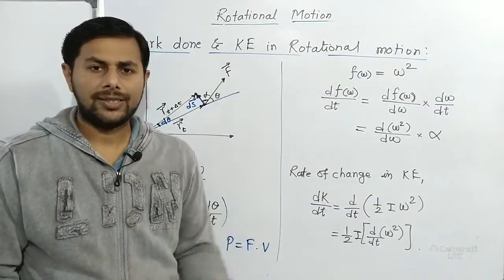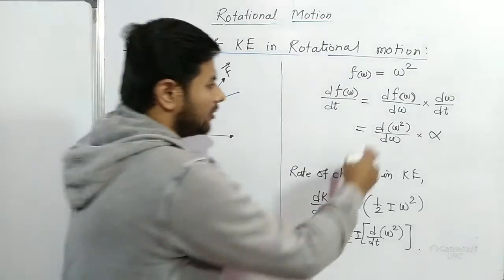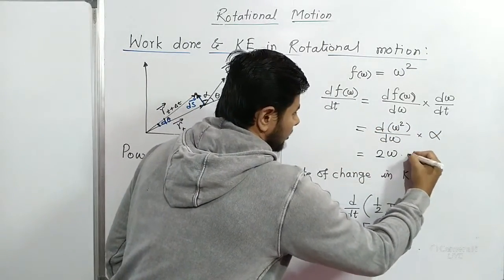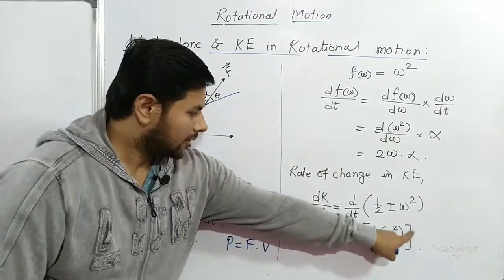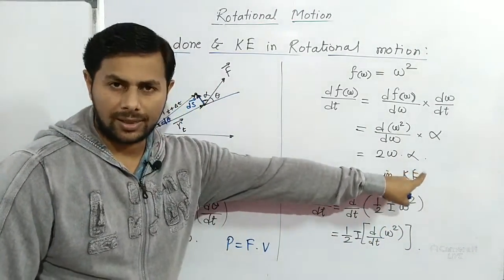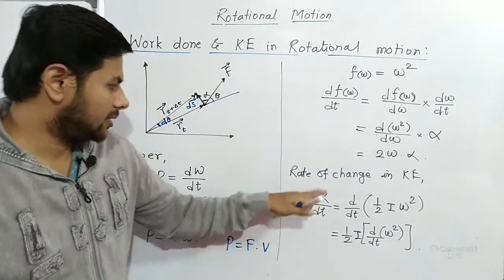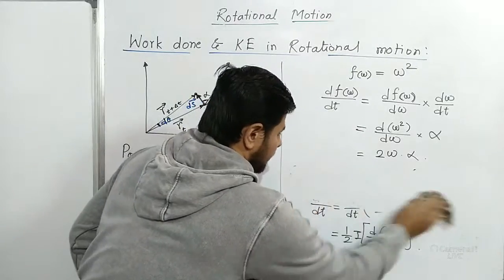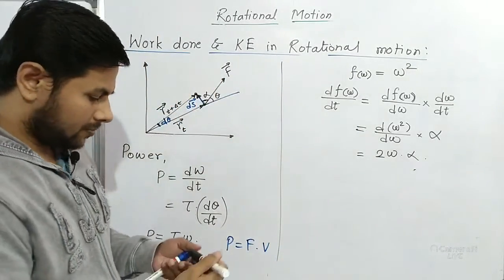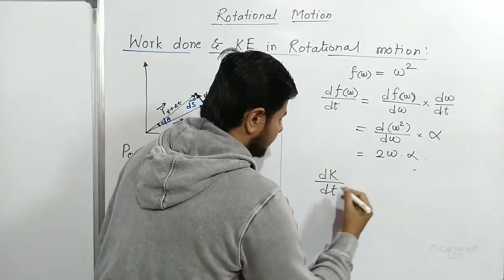What is the derivative of x squared with respect to x? It is 2x. Just like that, the derivative of omega squared with respect to omega is 2 times omega. So we got this derivative: it is 2 times omega multiplied by alpha. Then I will erase this and write dK by dt.